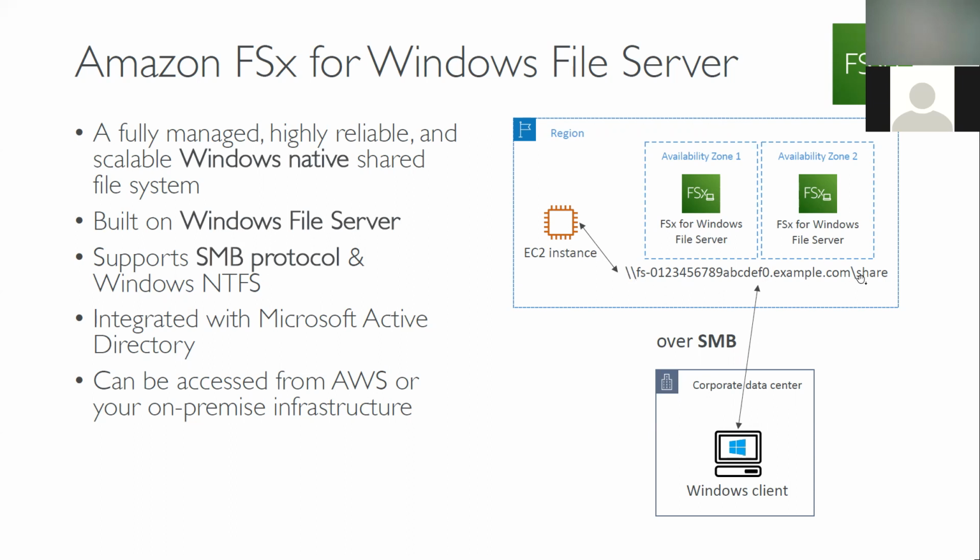It's just a shared file, and it works across multiple AZs. FSx uses the SMB protocol and Windows NTFS, so that's what you need, and it can be integrated with Microsoft Active Directory. So if someone asks you, I want a file server in the cloud on AWS, which service are you going to avail? FSx. Okay, that will appear in the exam: FSx.